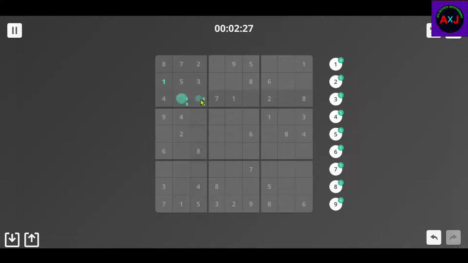But we can take advantage of the fact that 6 and 9 are present in these two cells. So this means that 6 and 9 cannot be present in other cells of the row. So in this row, the options will be 3 and 5 for the other empty cells.